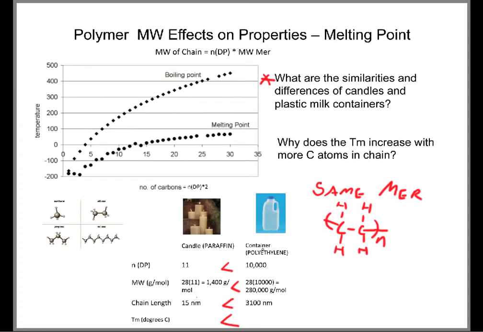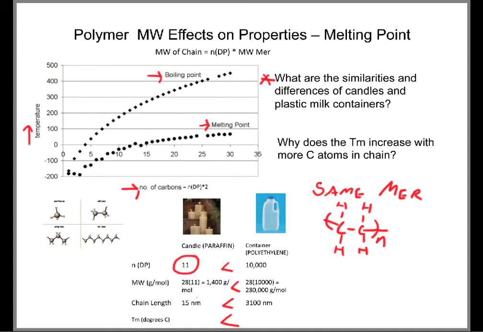So let's go to this graph up here and figure it out. This is a graph that has temperature in degrees Celsius on the y-axis and the number of carbons on the x-axis, and plotted is the melting point in degrees Celsius as a function of the number of carbons and the boiling point right here as a function of the number of carbons. So let's find what the melting point of this candle would be, because we know a degree of polymerization is given as 11.